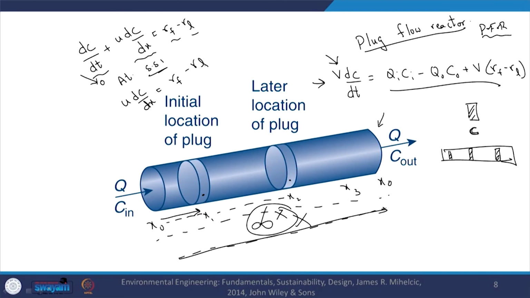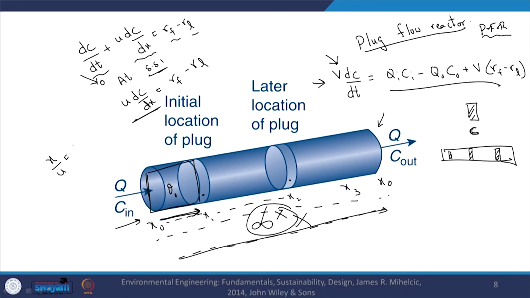But if I look at transforming this further, what is x by u? X is this distance and u is the velocity of flow of this fluid. So, what will x by u give me an idea about? It will give me an idea about the time, let us say if it is x1, and what does that mean? It spends a time of theta 1 inside that reactor, or it takes a time of theta 1 to travel a distance of x1.